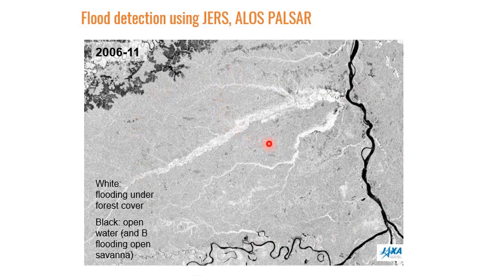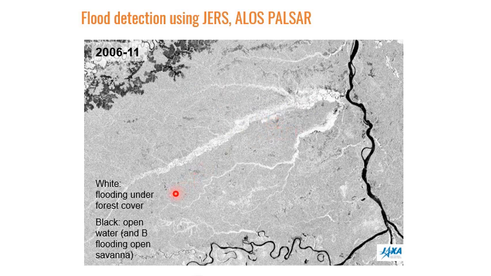So the forest, you cannot see under the forest if the radar wavelength is short. But in this case, the radar's wavelength is 23 centimeters, so it can penetrate the forest very easily.